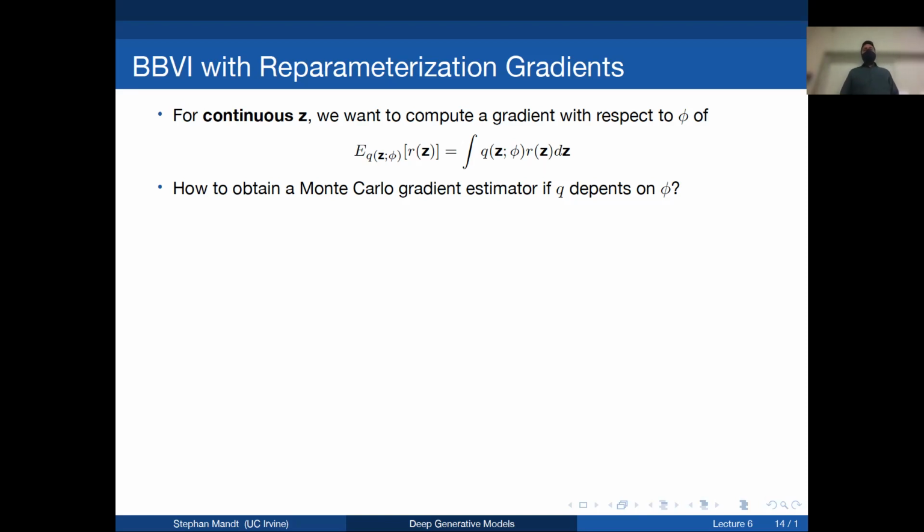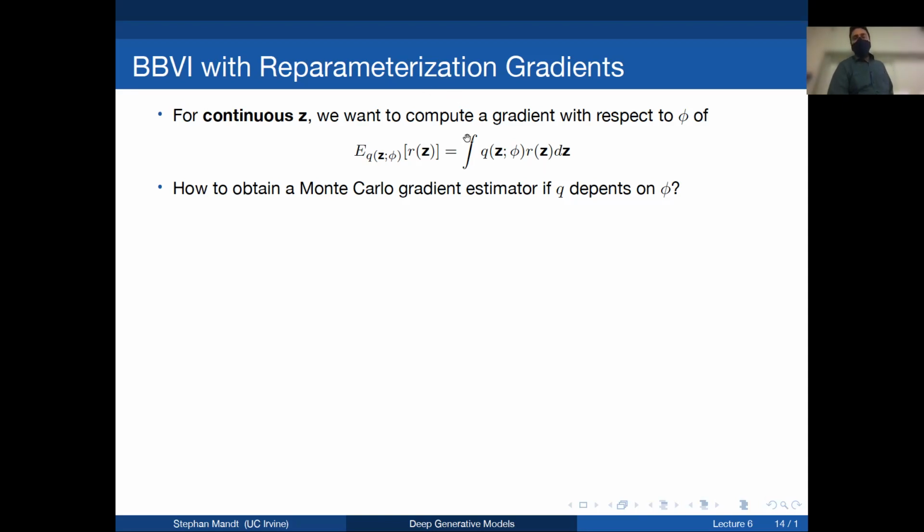This is clearly a generalization of what we've seen before. r of z would be the argument of the ELBO, which contains these two logarithms. So this just looks cleaner. But it's also a simplification because remember, r in general also depends on phi. Here we'll abstract away from that problem for a moment.